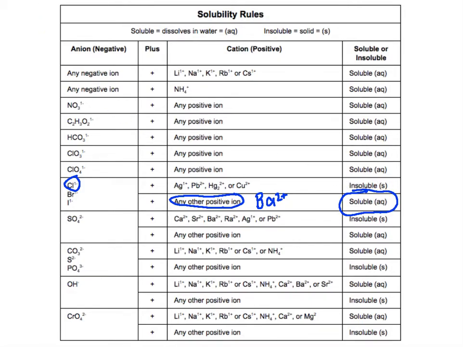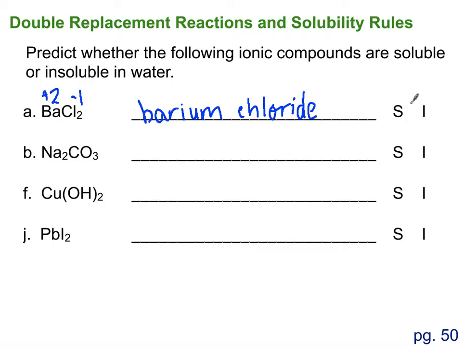Now, one thing that's a little confusing about this is that we have S and I, meaning soluble or insoluble. This does not mean solid, this means soluble. So our barium chloride is going to be soluble. So go ahead and reference your solubility rule table and answer the questions on the video here, and then we'll work our way up through.